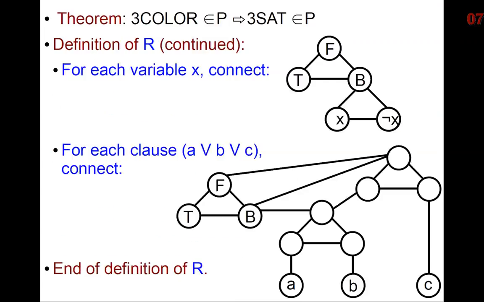Okay, so for each variable, you're going to connect its edge, X and not X, to B. And for each clause, you do this gadget here. So this is the 6 nodes for the clause. You connect them to this palette in this way.